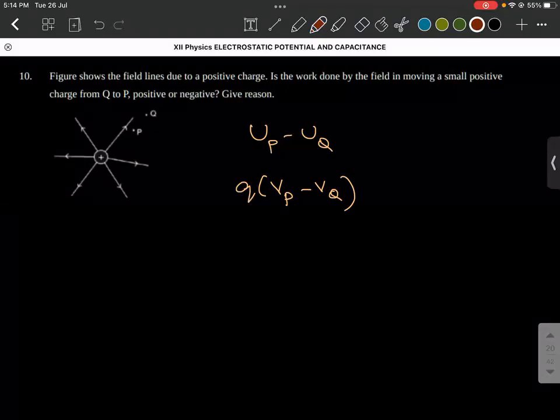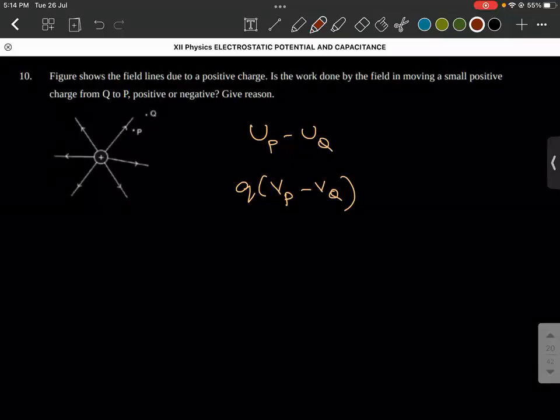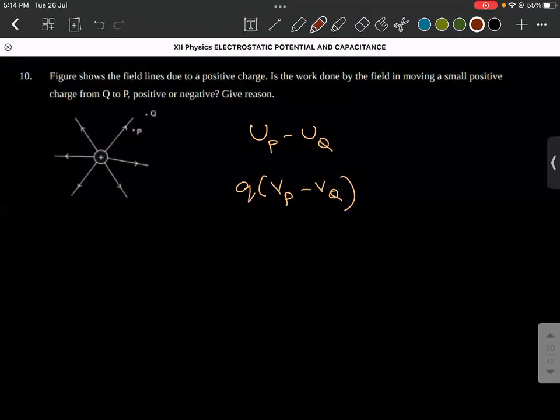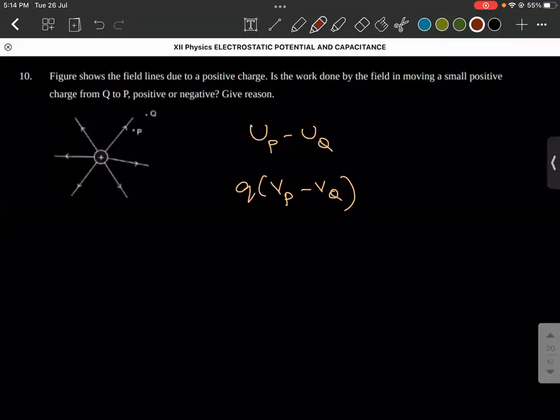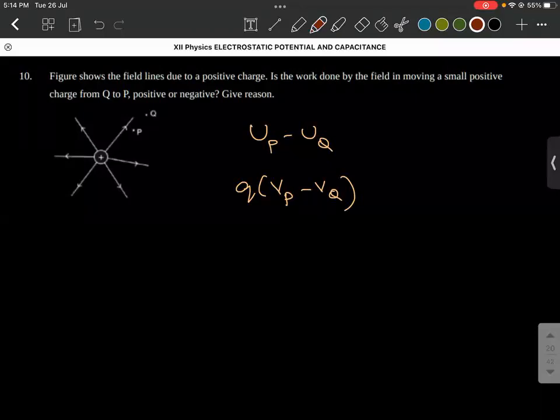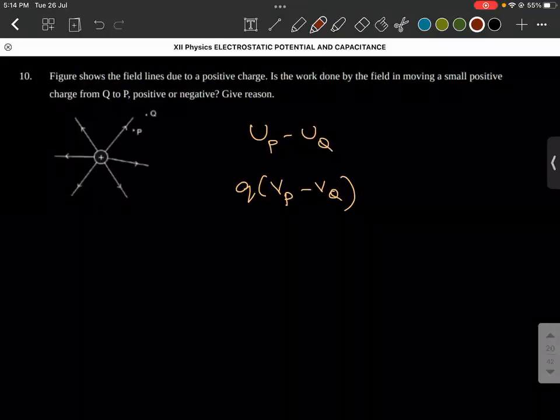One minute, wait. UP minus UQ. How will VQ be more? It's definitely not negative.